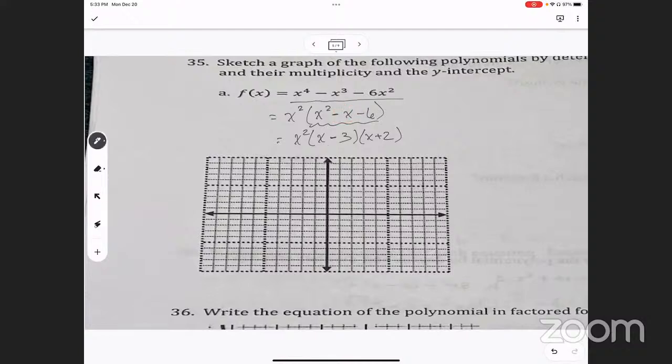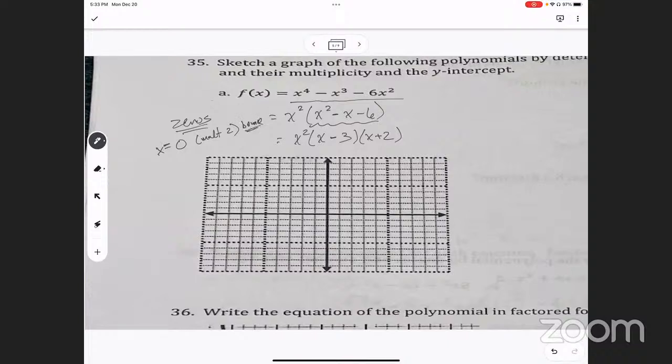So what do I have? Well, I have a zero of 0. So my zeros are x equals 0, and that's got multiplicity 2, because of the squared here. Which means it's going to bounce.